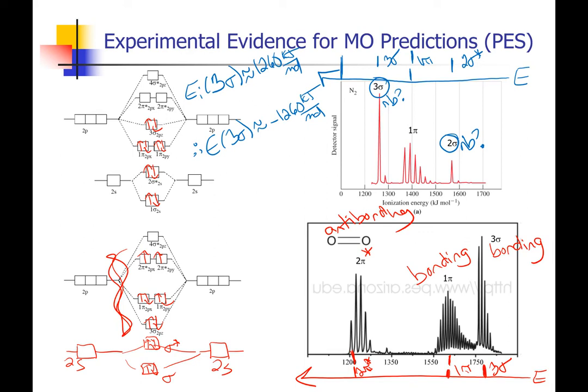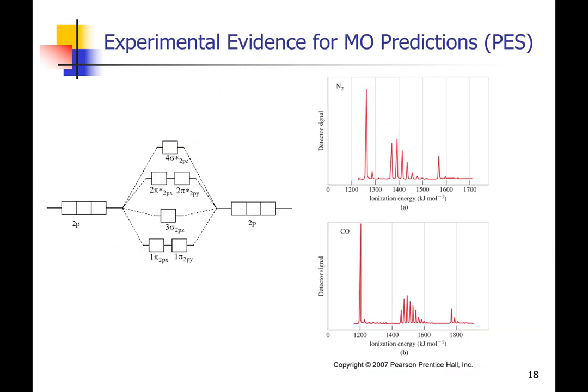And I emphasize that because at one point, one of the textbooks that we were using claimed that the order of the MOs for carbon monoxide was different from the order for nitrogen, even though experimental evidence suggested otherwise. And that's poppycock. You can't have theoretical predictions trump experimental evidence.